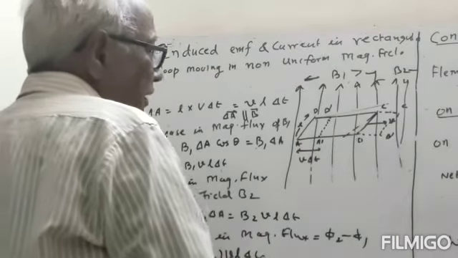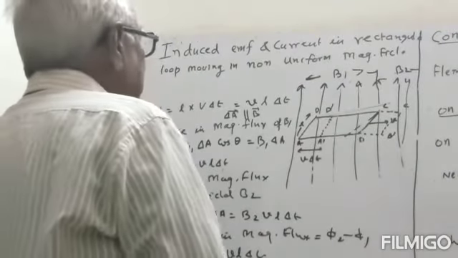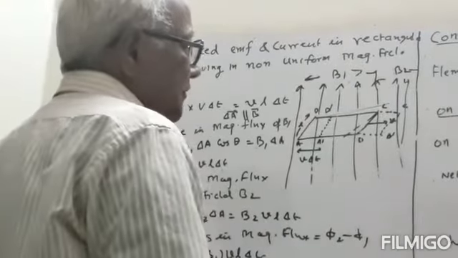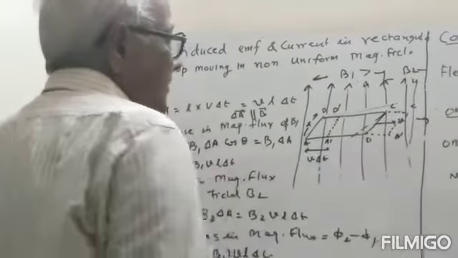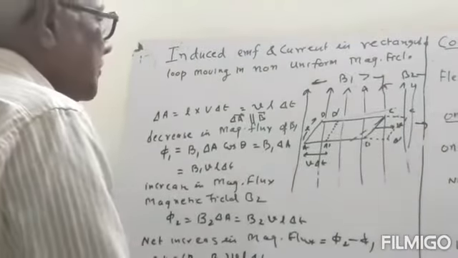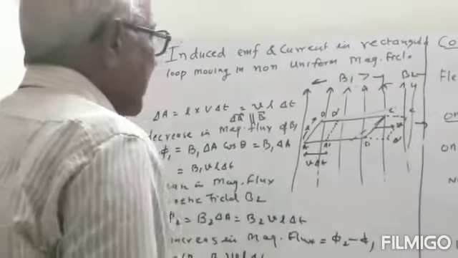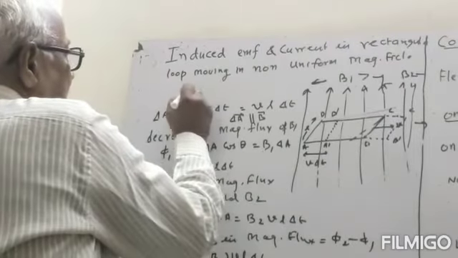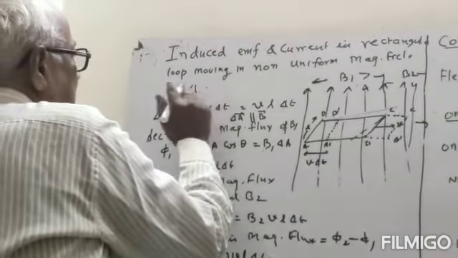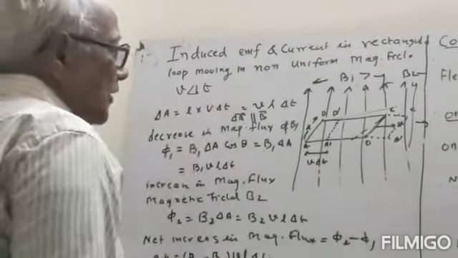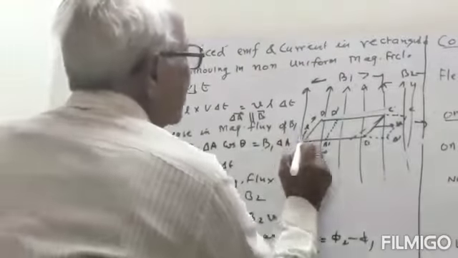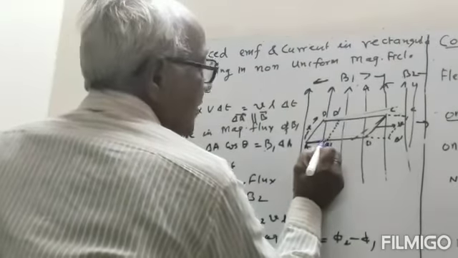If the frame is moving with velocity v to the right, then in time delta t it will cover a distance v into delta t. So what will be the change? This distance will be equal to v delta t.